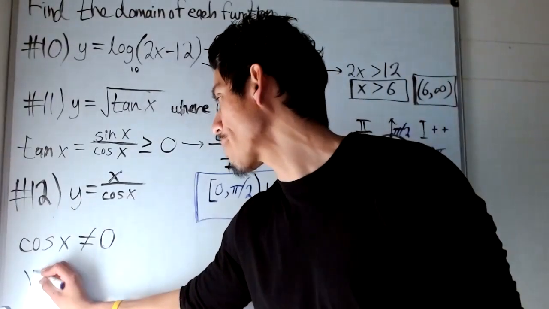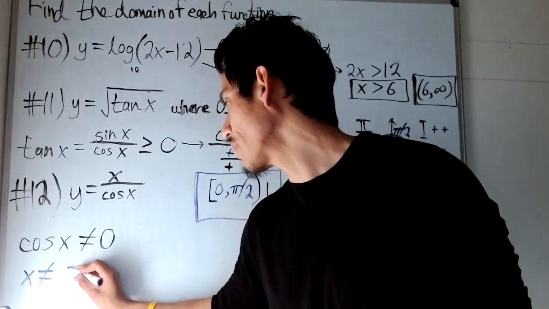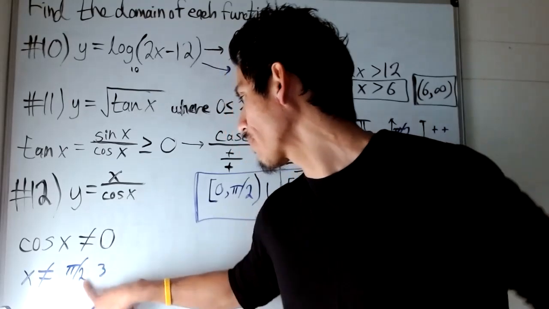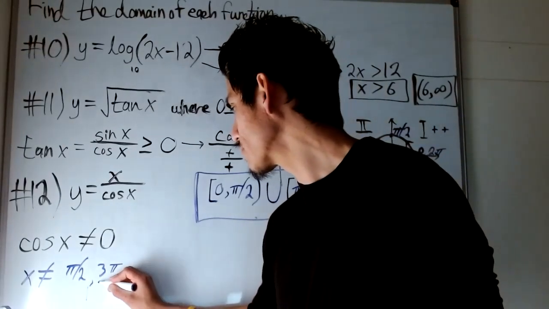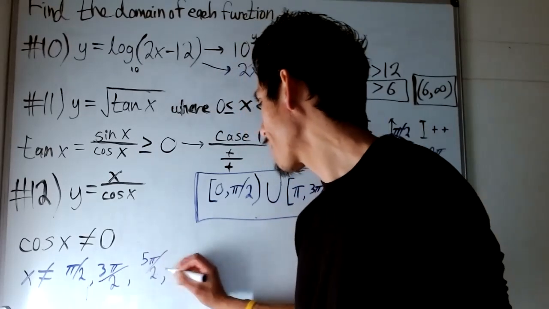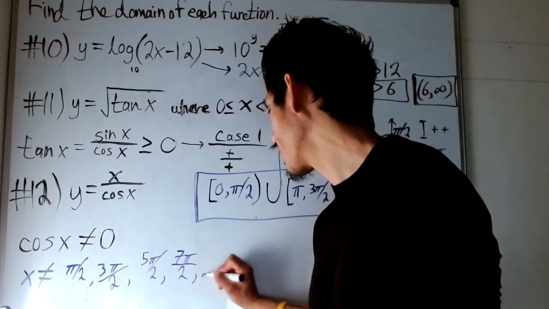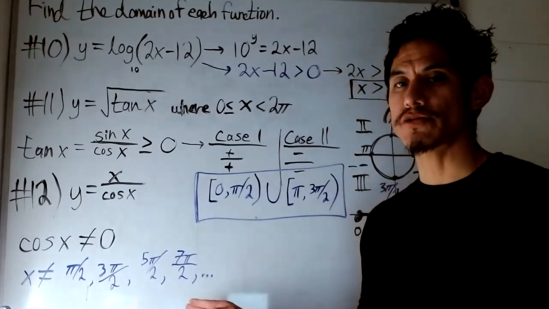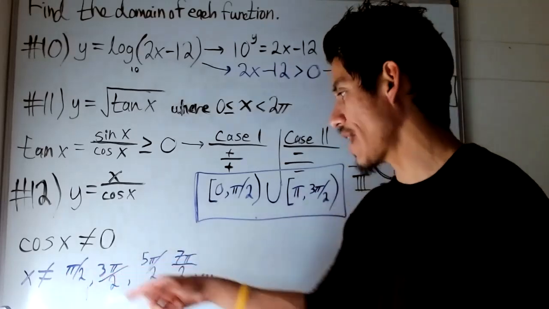So let's do this. x can't be pi over 2, 3 pi over 2, 5 pi over 2, and this pattern would repeat. However, we have to also remember this little technicality because it could be positive or negative.